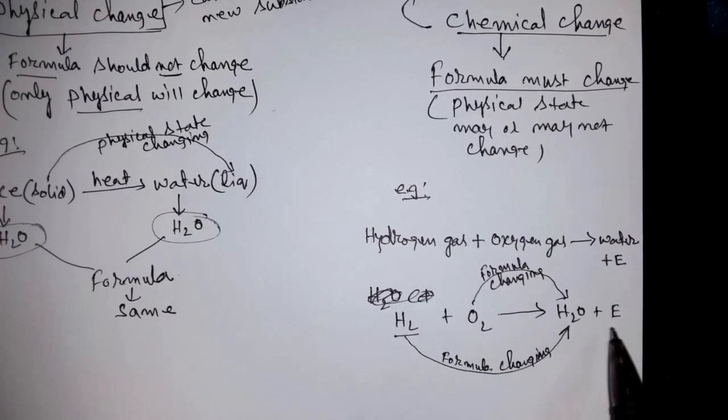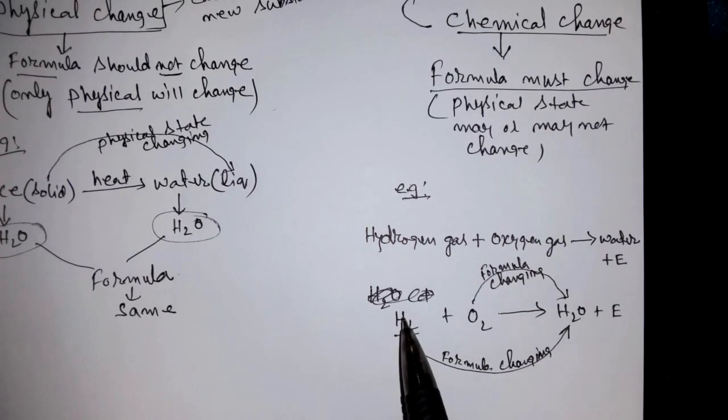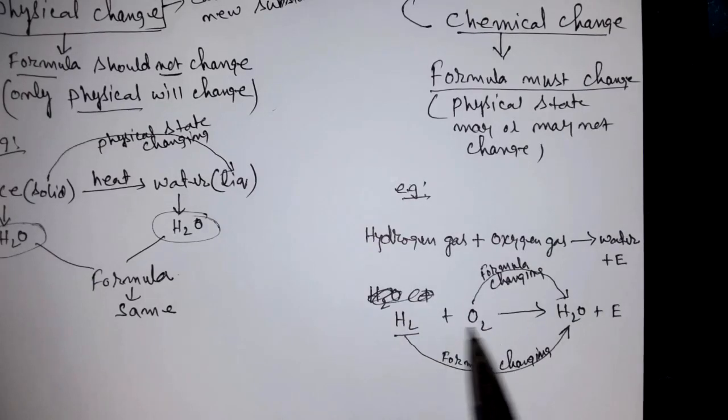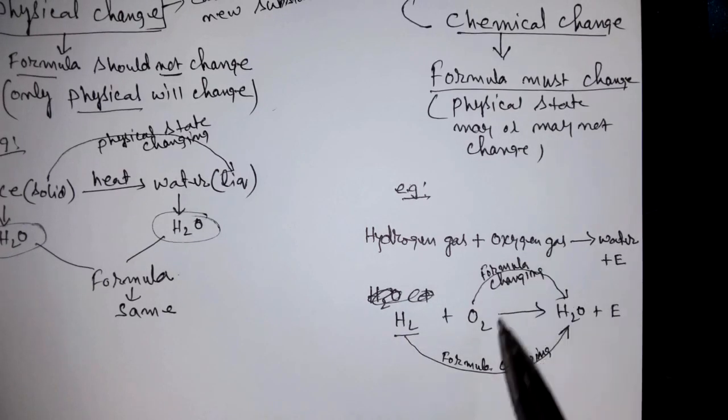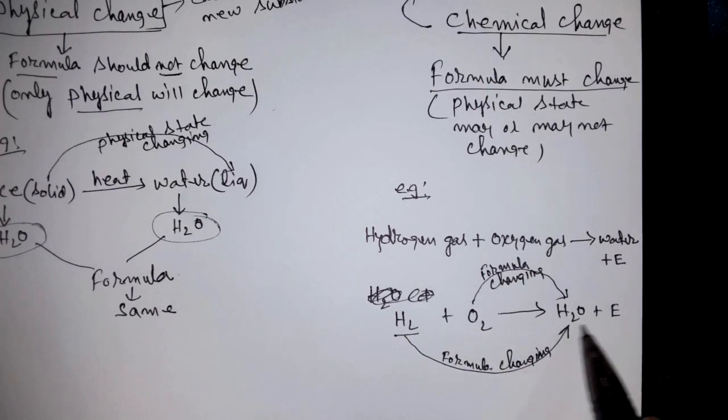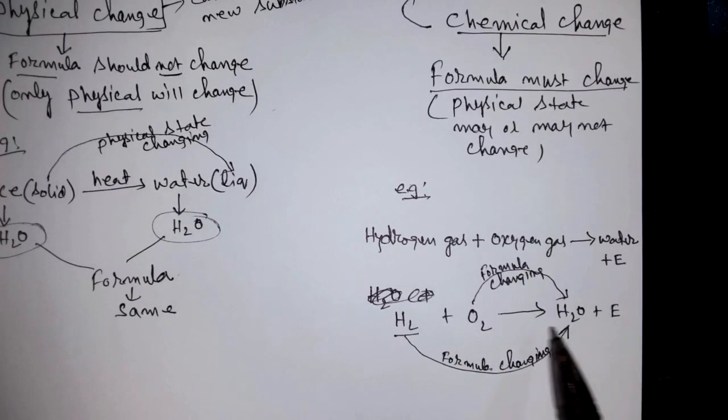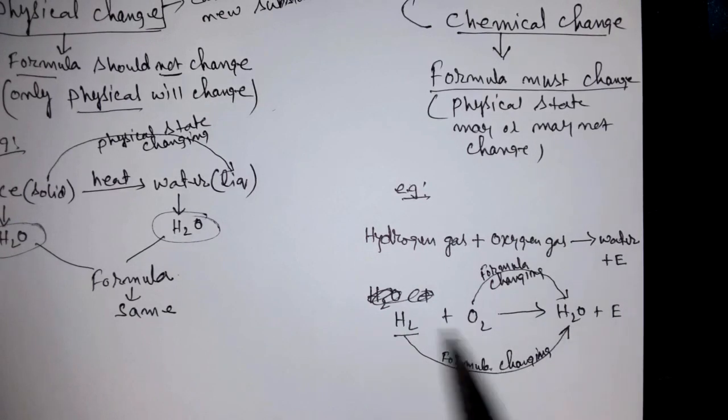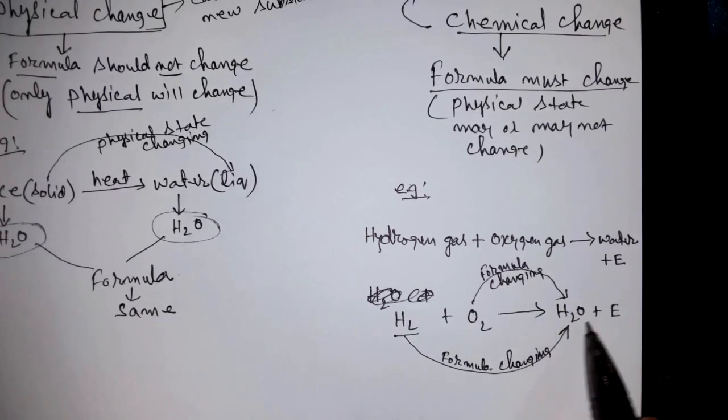So if you study this change, then you'll find that your formula before the change and after the change is not same. Before change, hydrogen formula is H2 and oxygen is O2, and when these two combine, a new formula is coming, H2O. Okay, this H2O contains same atoms, but formula is new. That's why water is a new substance produced here.